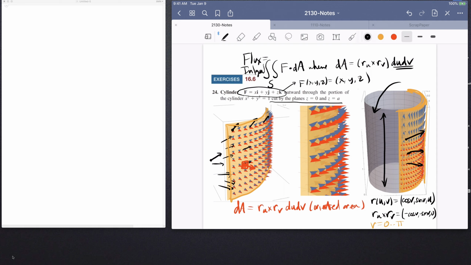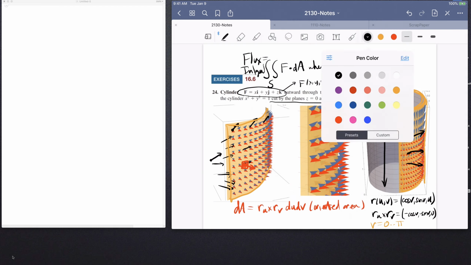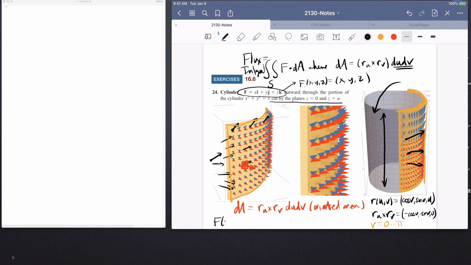All right, so we can now set up that integral. We have our vector field, so we need the vector field at those points on the surface. Because our surface is x equals cosine of v, y equals sine of v, z equals u, wherever I see the x in my vector field, I'm going to put cosine of v.